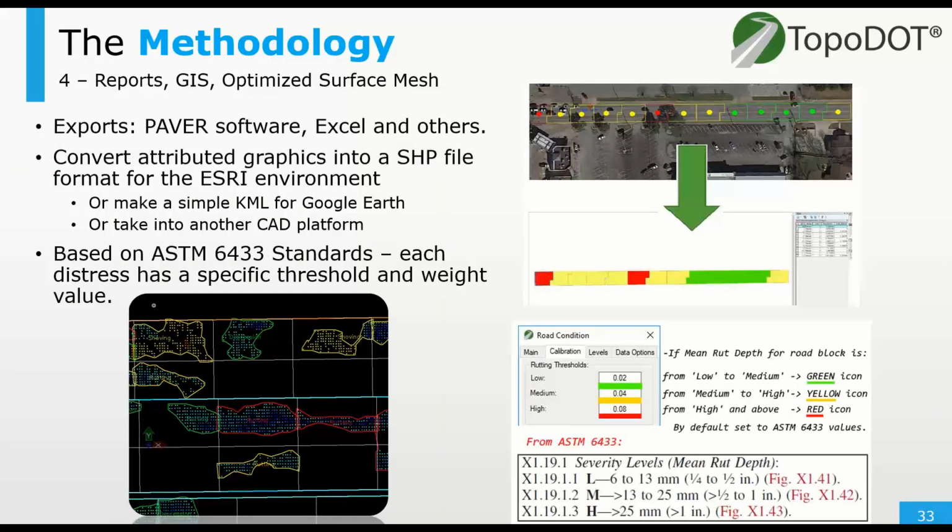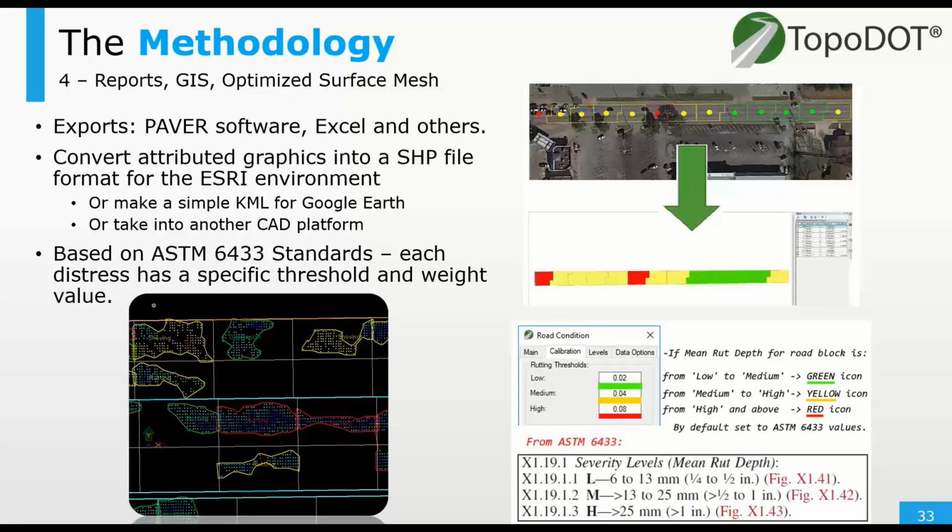And then the exports can be in a variety of formats, the most common being Excel and Paver software exports. You can also take these graphics and convert them into a shapefile for Esri. You can make a simple KML for Google Earth. You can also export these graphics into a variety of other CAD formats.